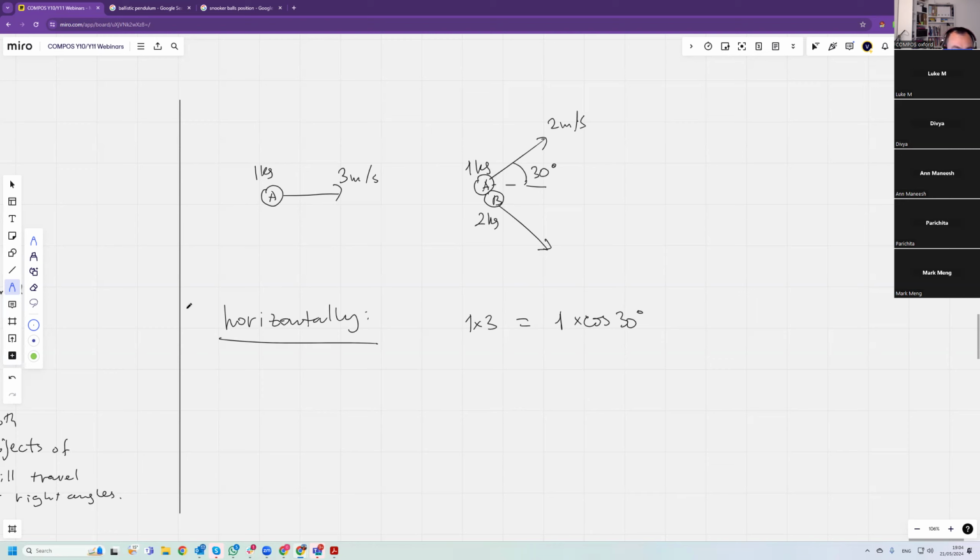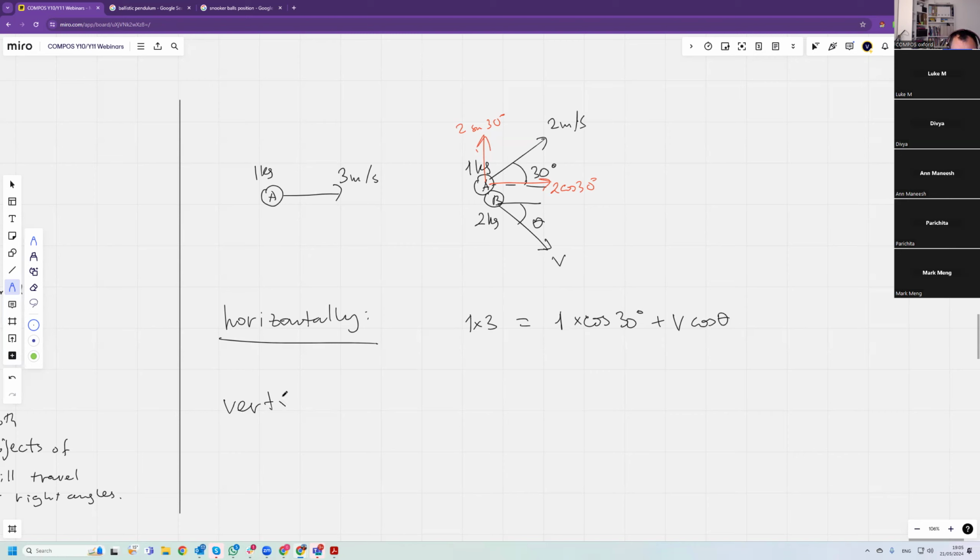That's the horizontal momentum of ball A. So this is 2 cos 30. This is 2 sine 30. Now this ball, we don't know the angle and we don't know the speed. So let's call the angle theta. So it's going to be plus v cos theta.